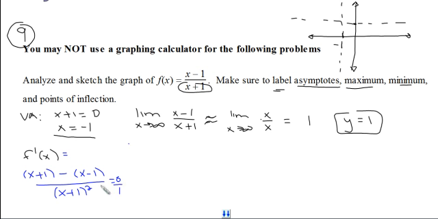So if we cross multiply, we end up with x plus 1 minus x plus 1 equals 0. So notice that the x's cancel. So the only critical point that I have is when x is equal to -1.